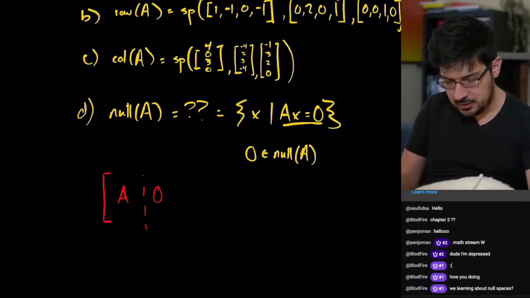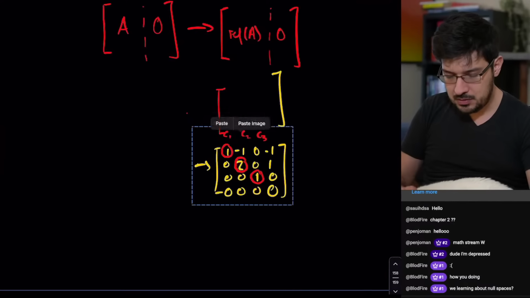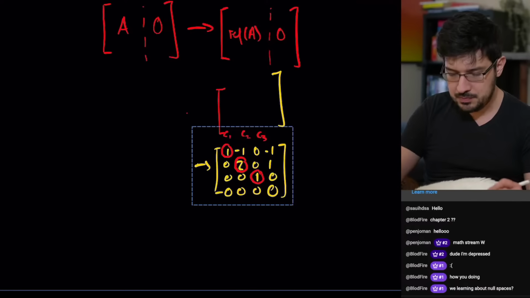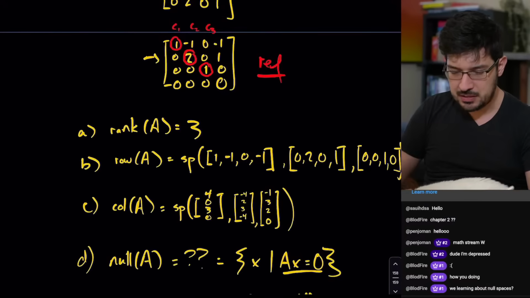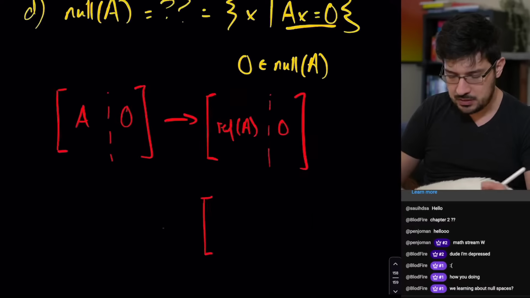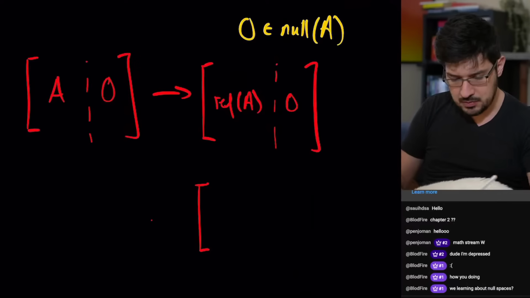So we can use this row echelon form, which is just one row echelon form of the matrix. I'll just rewrite it: 1, -1, 0, -1; 0, 2, 0, 1; and 0, 0, 1, 0.